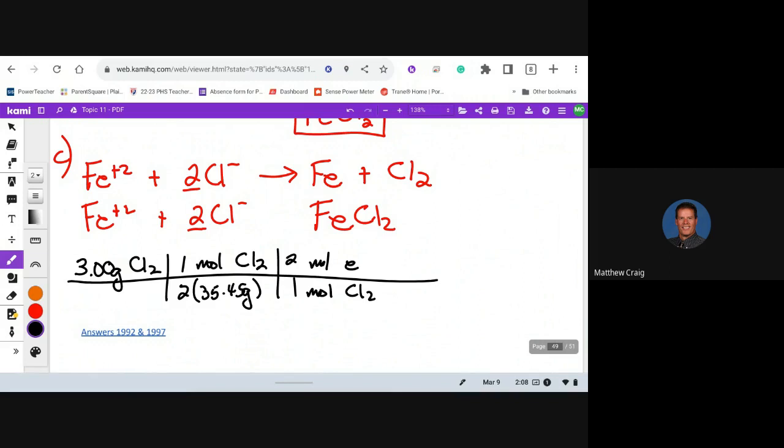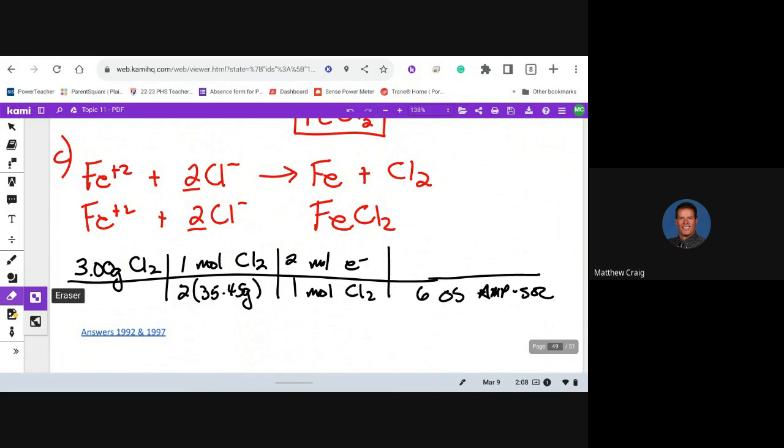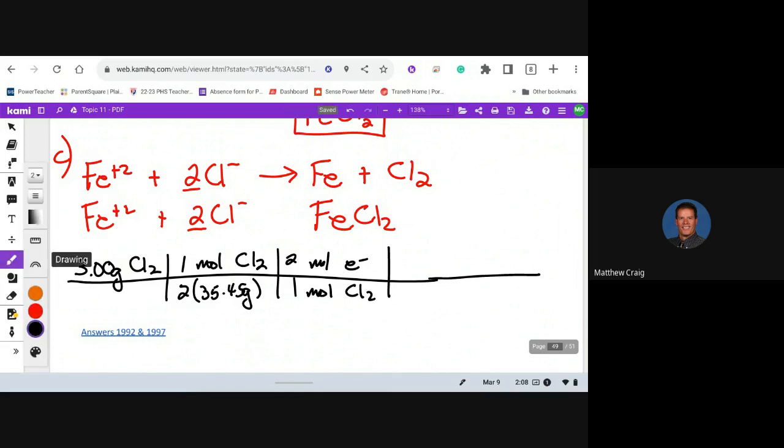Chlorine, 2 electrons. Let's go a little Coulombic action here. 96,485 amp seconds. Wait, put it on the other side. I want mole of electrons on the bottom. 96,485 amp seconds per mole of electrons.